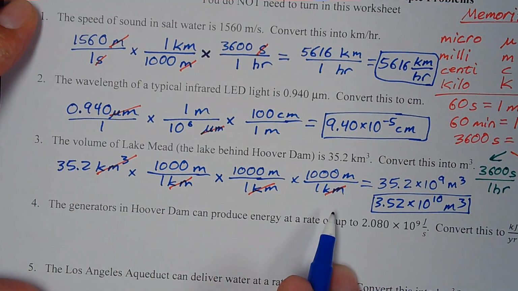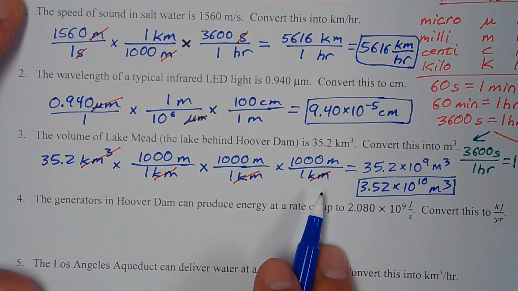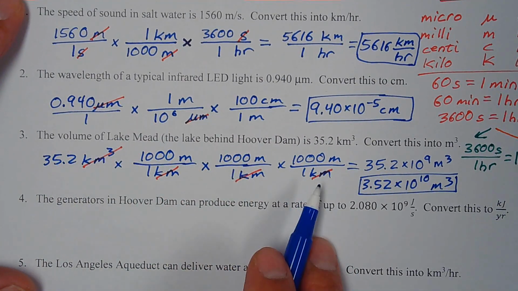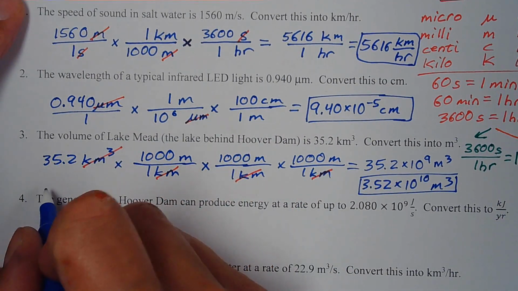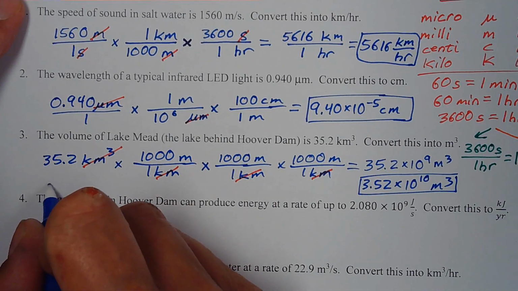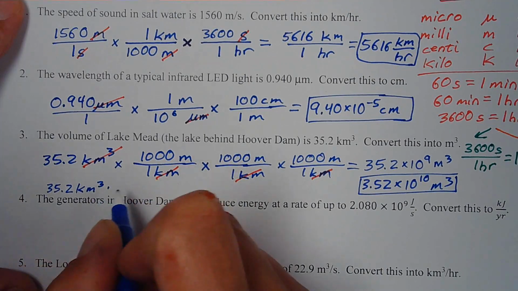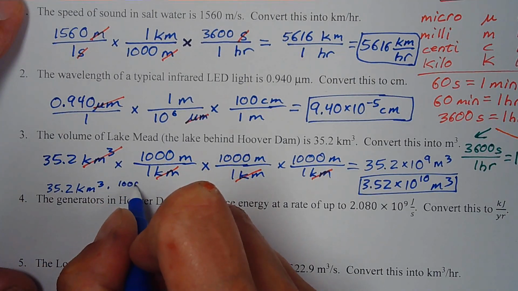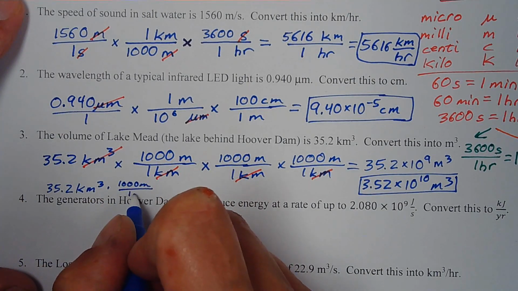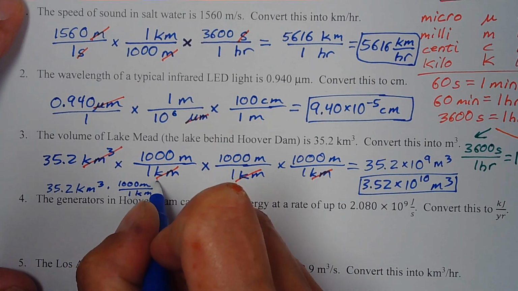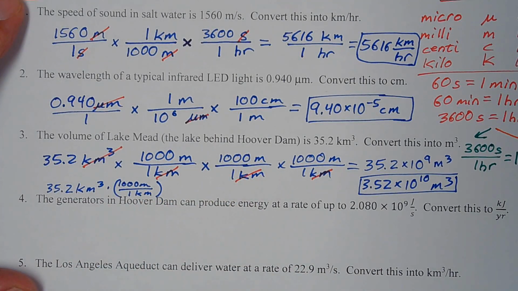Now, if you like writing out lots of things in response to your AP Physics problems, go ahead and write this. The alternative would be just to say 35.2 cubic kilometers times 1,000 meters over 1 kilometer, and then you take that conversion factor, slap some parentheses around it, and then cube it.